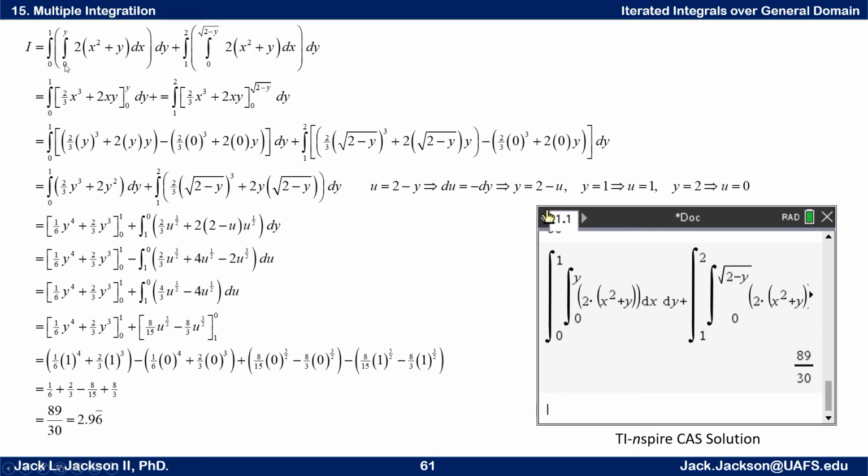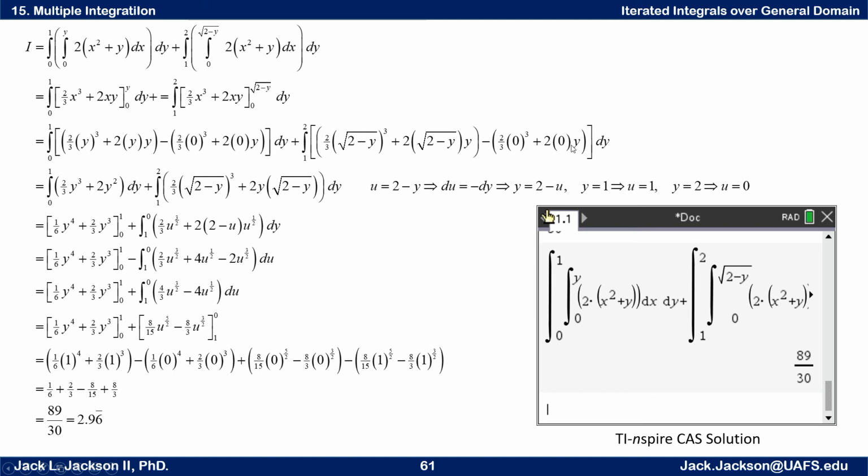We evaluate on our limits from 0 to y. Similarly over here, we get the same partial antiderivative, 2/3 x cubed plus 2xy, but now we want to evaluate this from 0 to the square root of 2 minus y. In both cases, of course, evaluating is just plug in the top number minus plug in the bottom number.